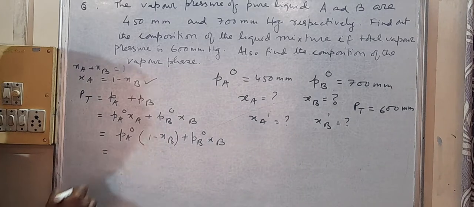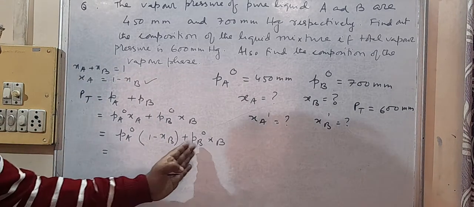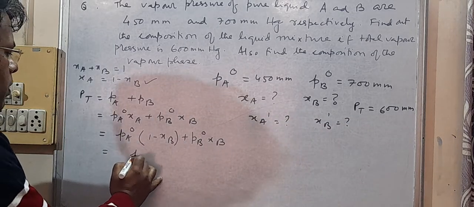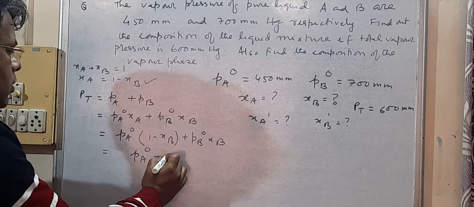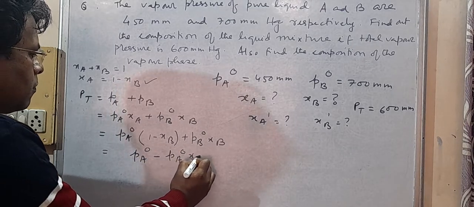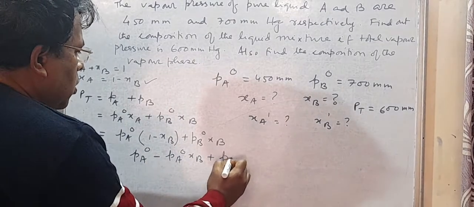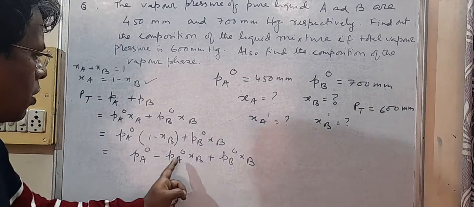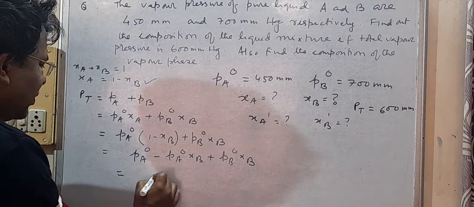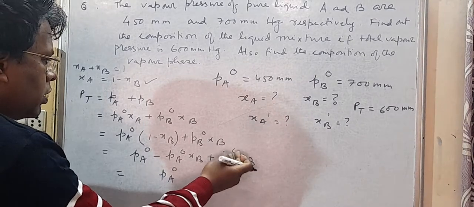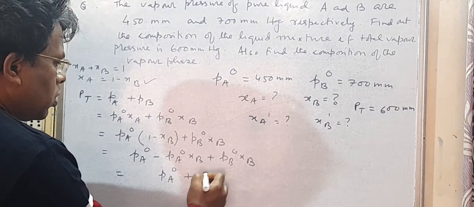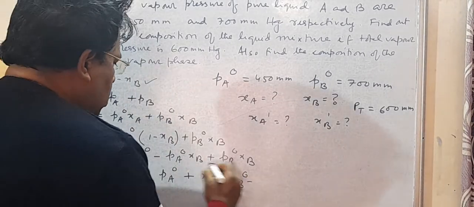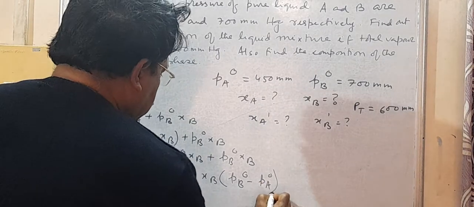So now let us simplify this. It will be PA naught minus PA naught chi B plus PB naught chi B. Now let us take chi B common here. So PA naught, if I write this part first and take common chi B, it will be PB naught minus PA naught.